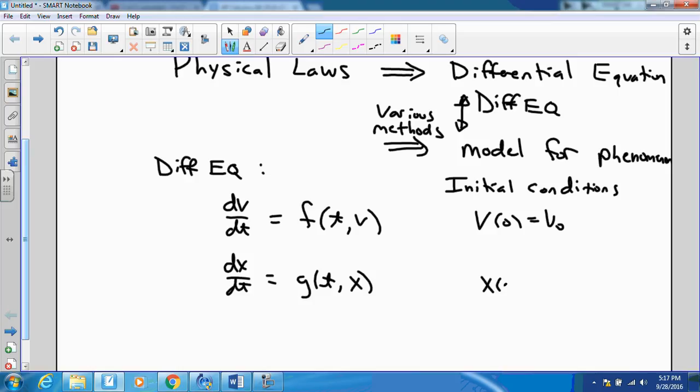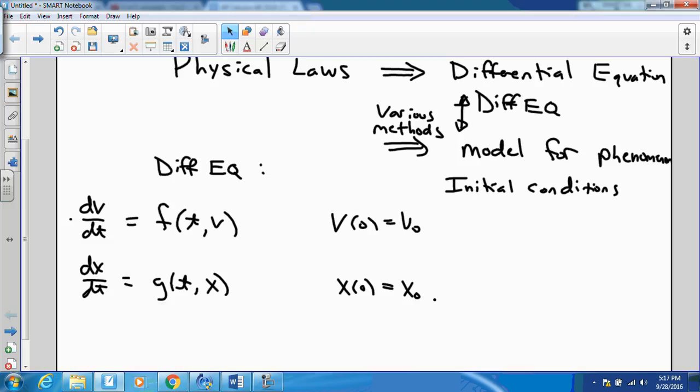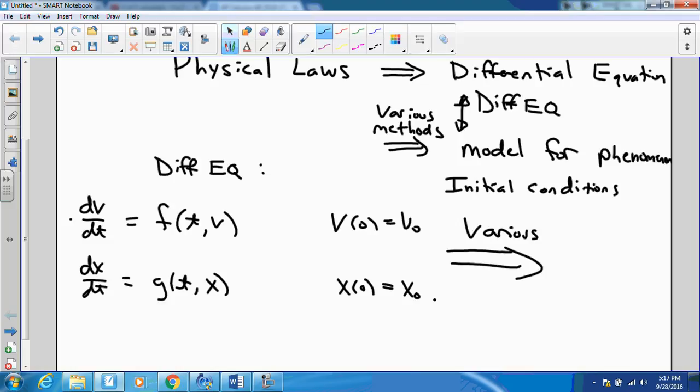So these are differential equations, but they often come also with initial conditions, such as v(0) = 0, x(0) = x0, that kind of thing. And so our aim in solving the differential equation is to take this dv/dt = f(t, v) and use various methods to get v as a function of t, or to get, in the second case, x as a function of time t.